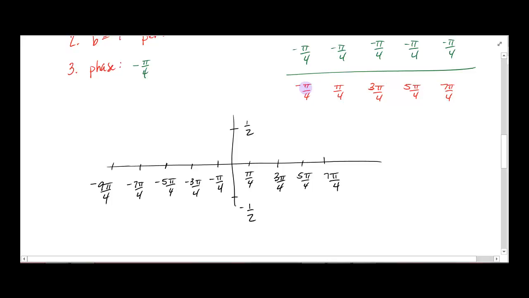My sine function is going to start on the x-axis at negative pi over 4, have a maximum at pi over 4, cross at 3 pi over 4, have a minimum at 5 pi over 4, and cross at 7 pi over 4.